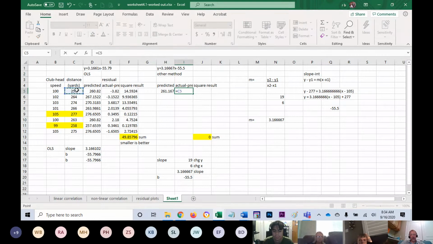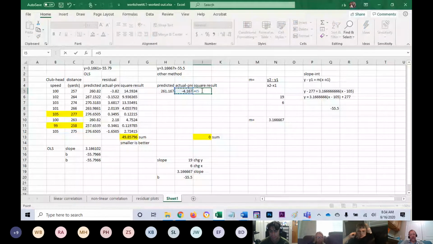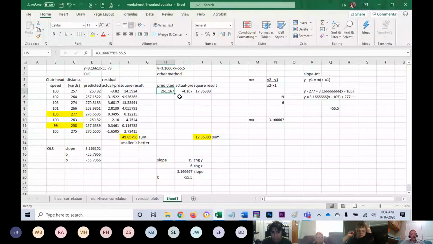So we're going to do the actual. It went 257 yards. We're going to subtract our prediction. So you can see this one was off by a little bit more. Okay. I'm also going to square that result. Okay. All right. So if we compare this one, this has a better residual than this one.